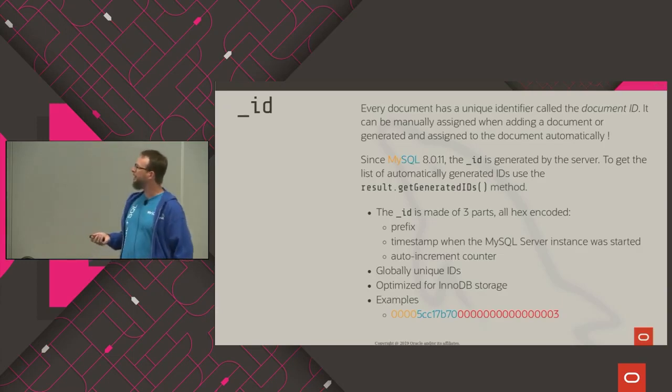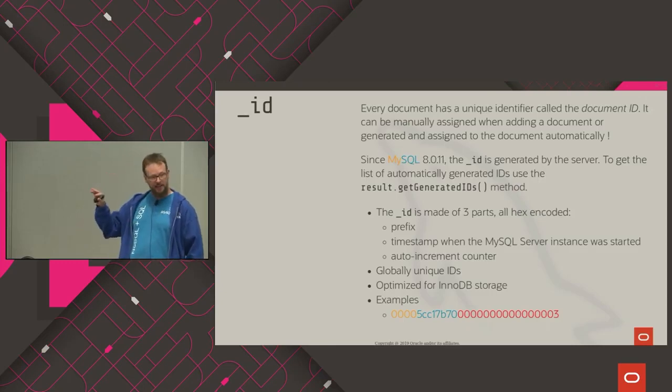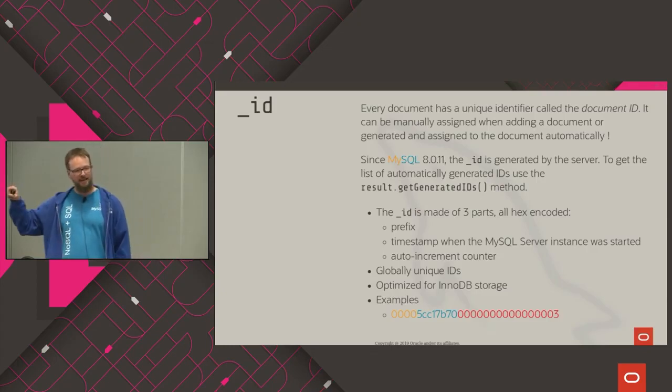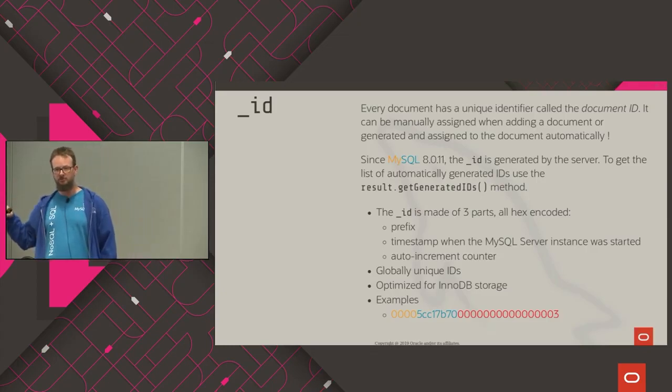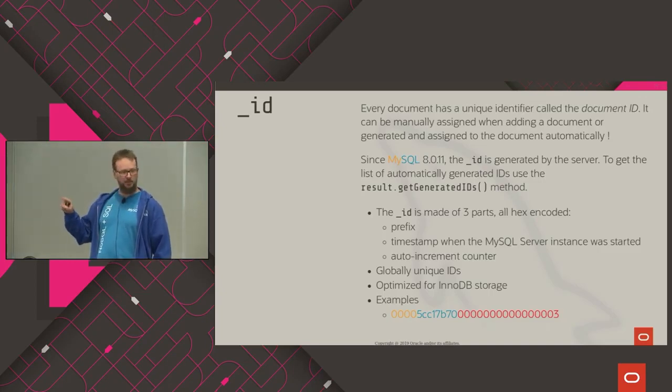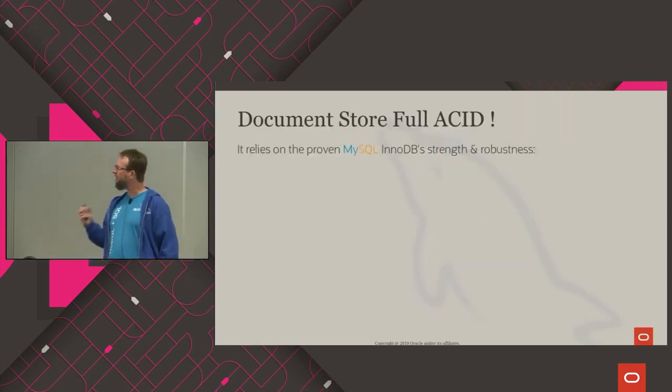The auto-generated ID has been optimized because behind this, we all use InnoDB, which is our very strong ACID engine for MySQL, right? So it's all InnoDB, and we need to help InnoDB for that. And this is how we do that, right?